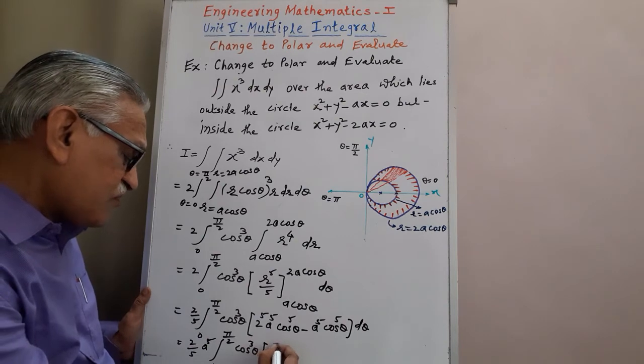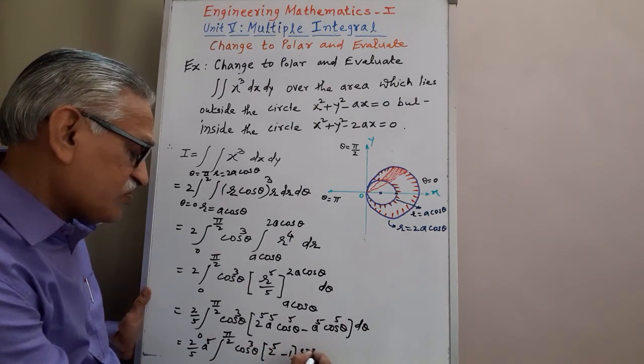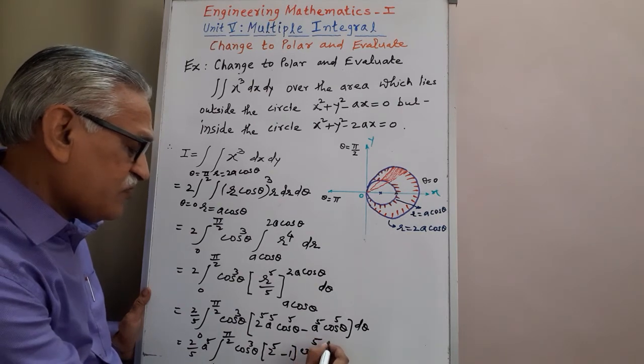Therefore, it is 2 raised to 5 minus 1 into cos theta raised to 5.